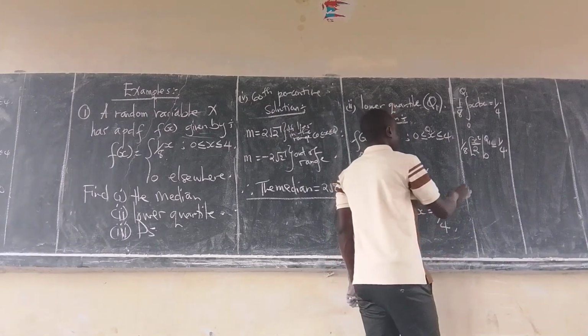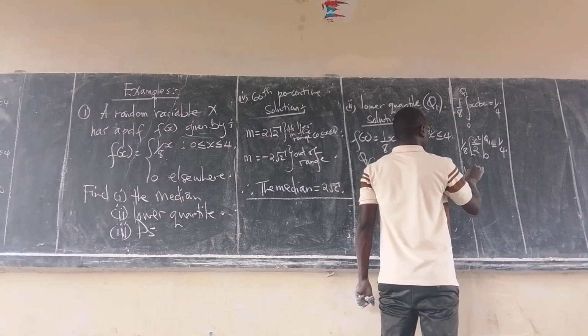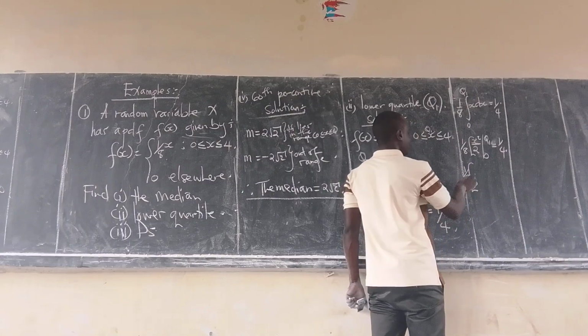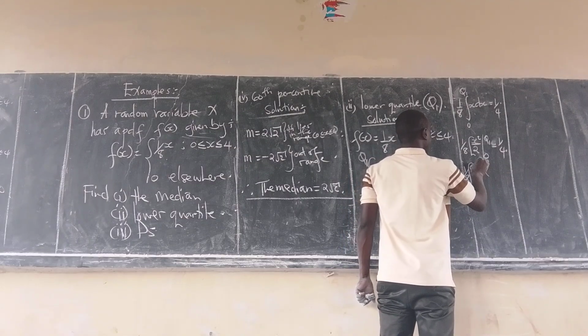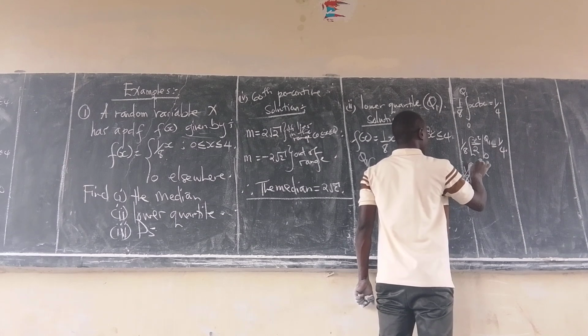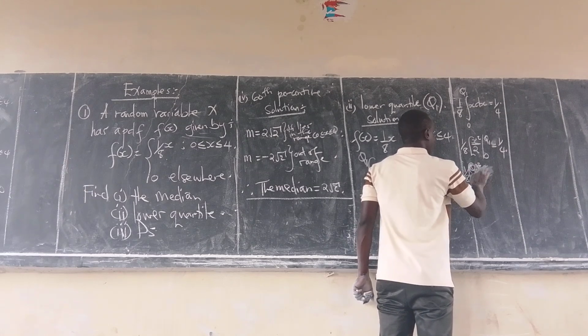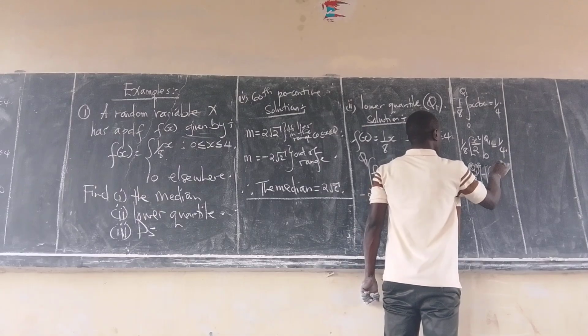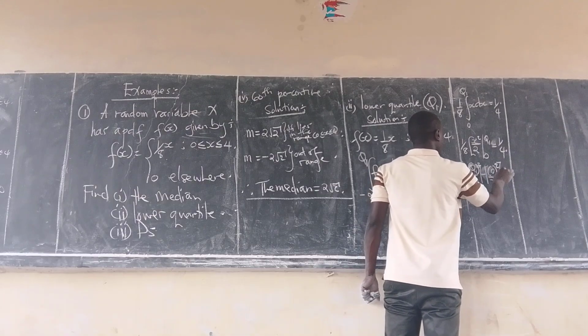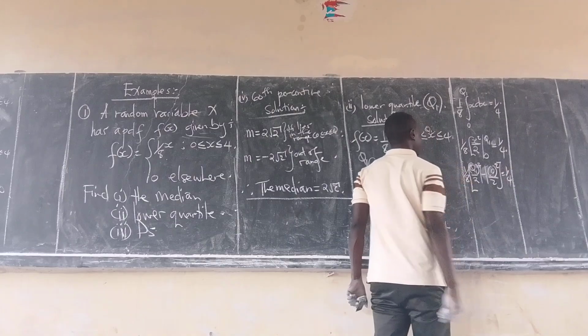Putting in the limits, we are going to have 1 over 8. If we put in the upper limit, it's going to be Q1 squared over 2, minus, we introduce the mini brackets, 0 squared over 2, and all that should be a quarter.